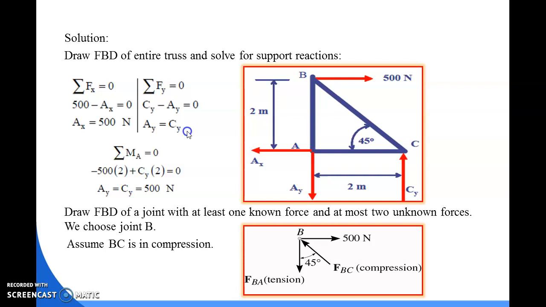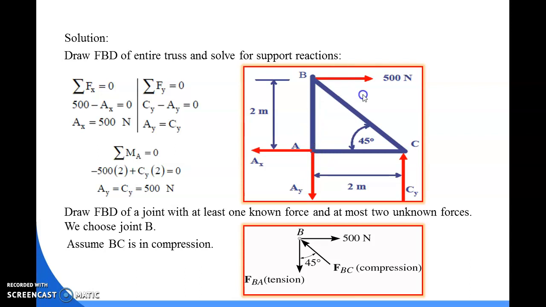Then comes the last equilibrium equation, that is, summation of moment is equal to 0. For simplicity of solution, we can take the moment about A, so that we can find the moment for the truss about the point A. To do this, we check all the necessary forces or reactions about this joint.